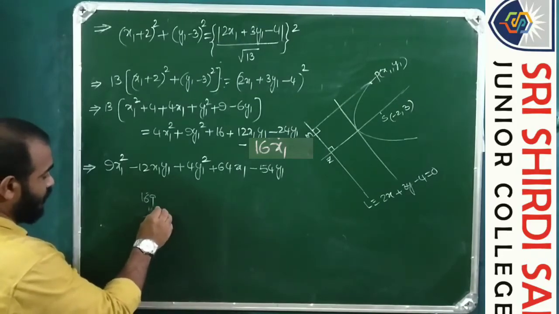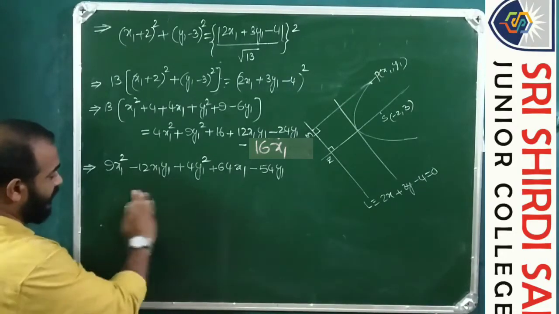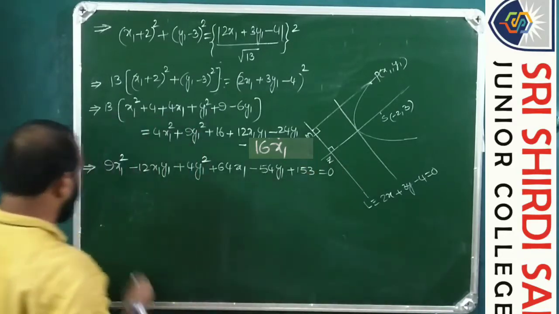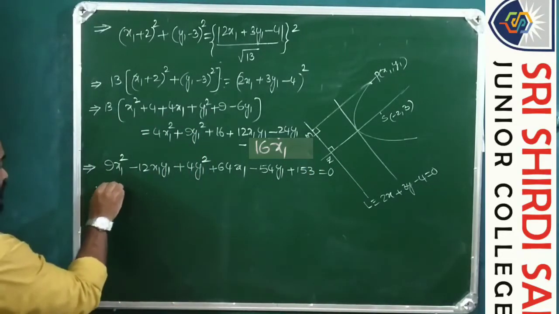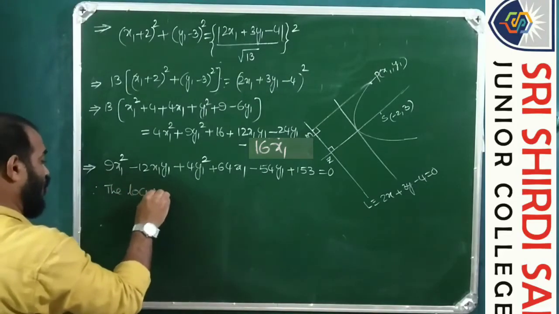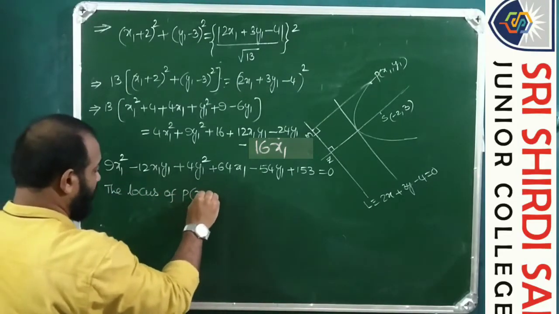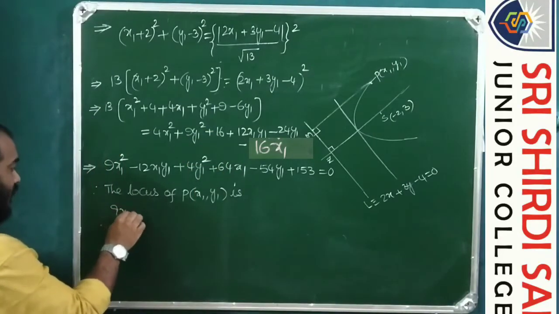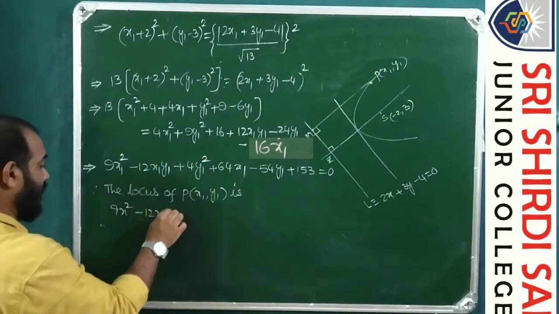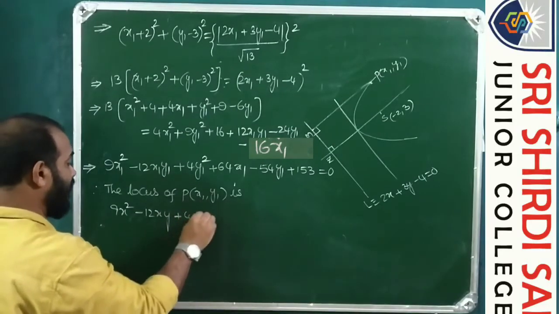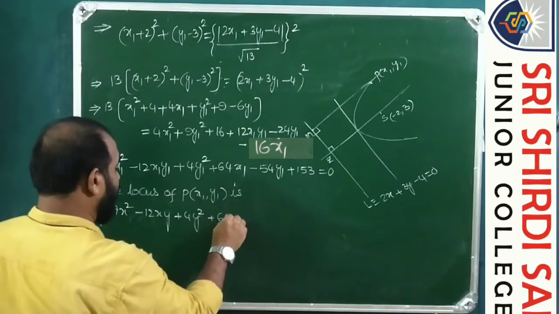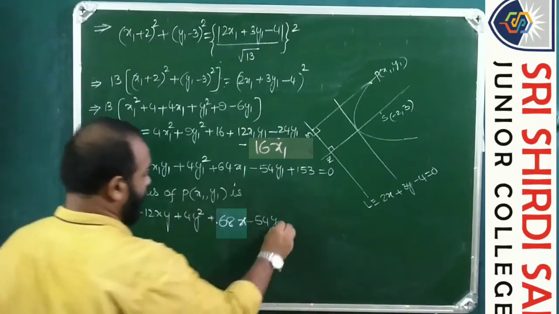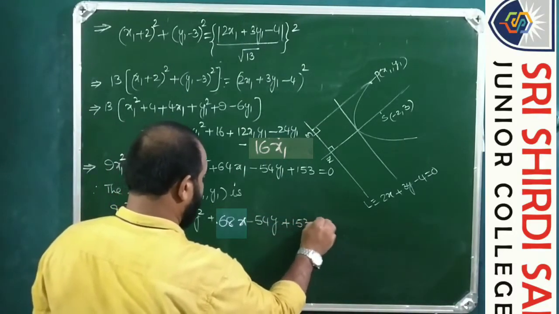This is equal to 153 = 0. Therefore, the locus of P(x1, y1) is 9x² - 12xy + 4y² + 64x - 54y + 153 = 0.